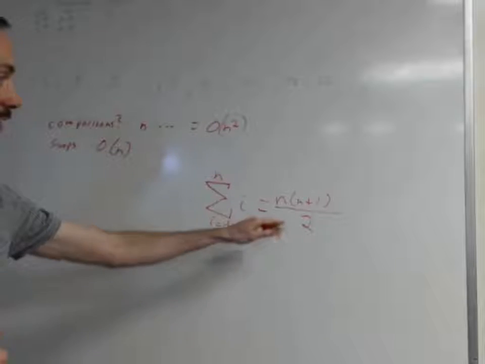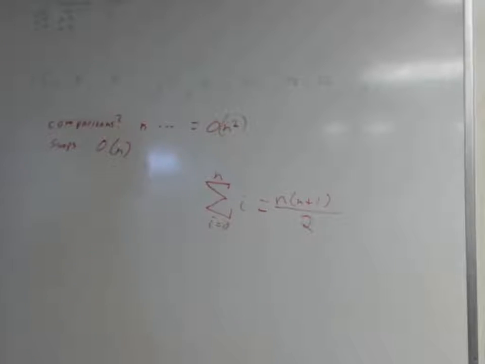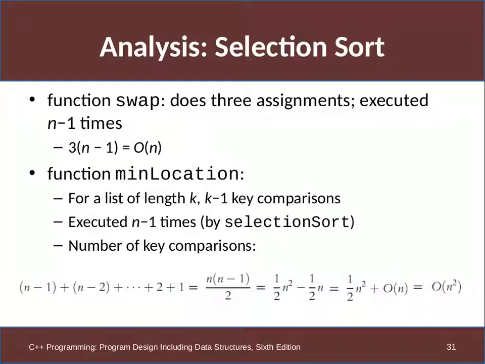There's also one for i squared, but this is the one we care about. So all they did to convert from there is they said i is going to equal i minus 1. You're losing one term, so that's why it's n minus 1 in this case.